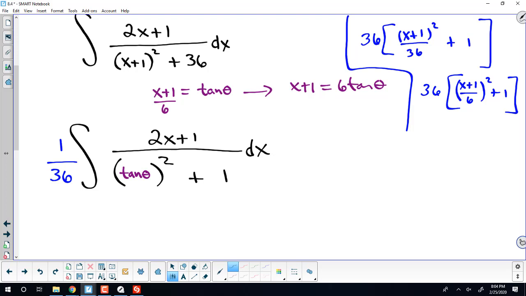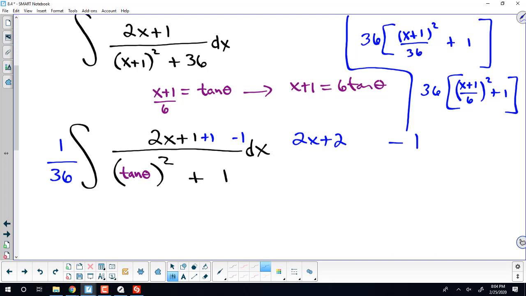So, plus 1 and minus 1 on the top. Plus 1 here, and then minus 1 over there. Okay. So why are we doing that? That'll allow us to have a 2x plus 2 minus 1. So what's the benefit of having a 2x plus 2 on top?